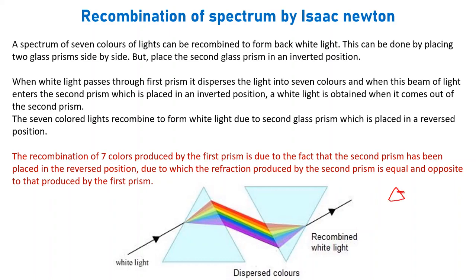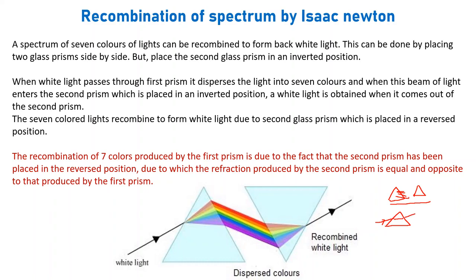Then he put another prism and tried to find out whether this light is made up of some more colors, but he couldn't make any conclusion because the experiment was not that great. So then he decided to keep one triangle like this, and when he allowed white light to pass through the triangle, he got 7 colors.